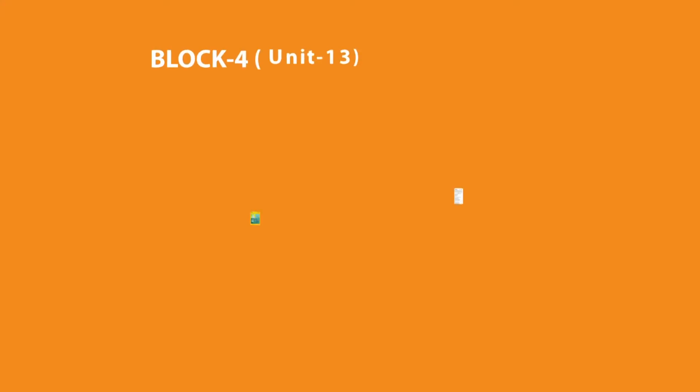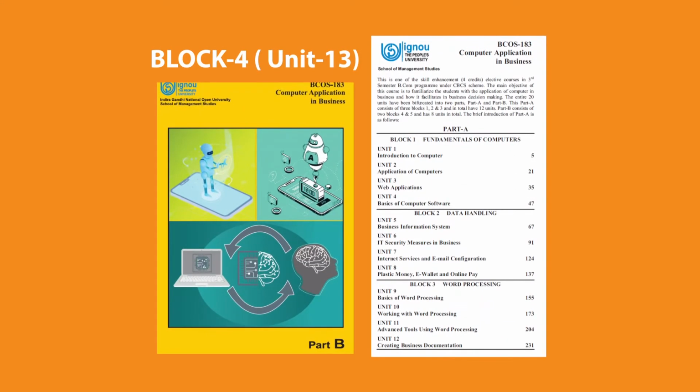This is a 4 credit skill enhancement course having 20 units, which we usually call chapters, and these 20 units are bifurcated into Part A and Part B. Part A has 12 units, and the first and third blocks emphasize word processing, starting with the basics of word processing, then working with word processing, then advanced tools used in word processing, and then creating business documentation.